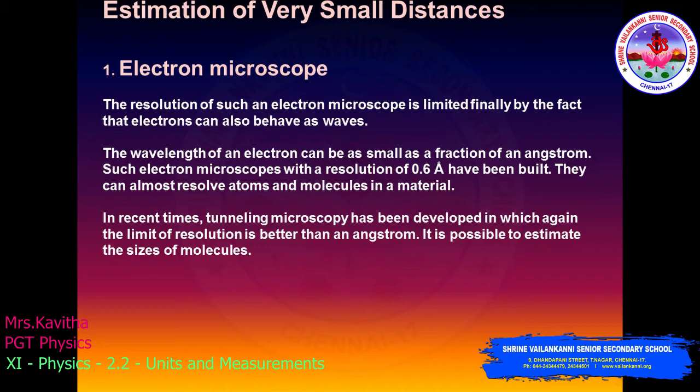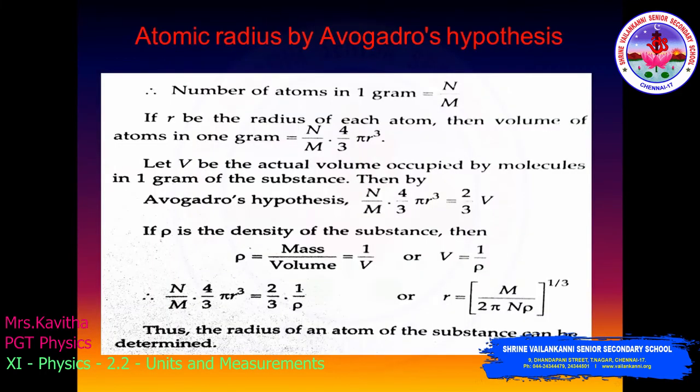A simpler method for estimating the molecule size is the atomic radius by Avogadro's hypothesis. What is Avogadro's hypothesis? The atoms are spherical in shape, right?